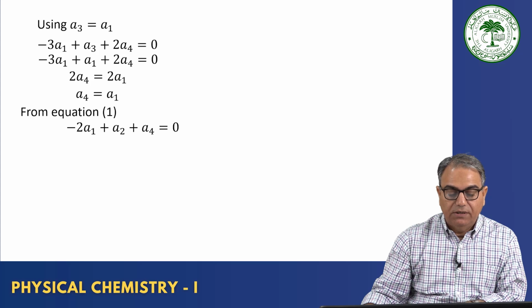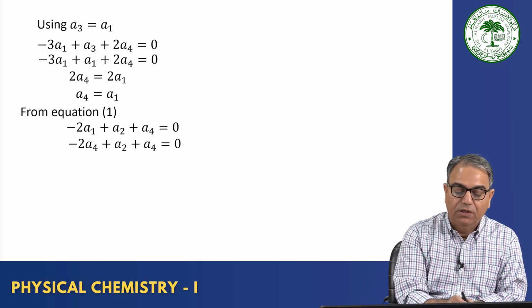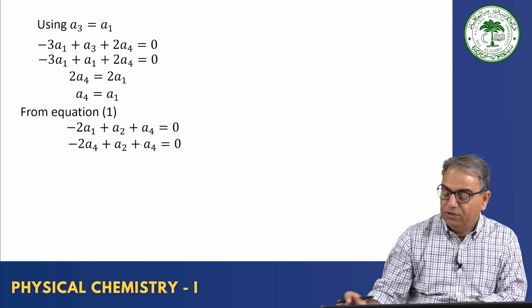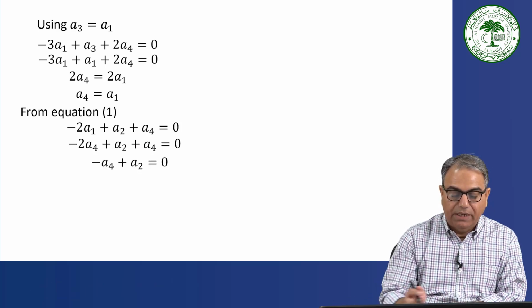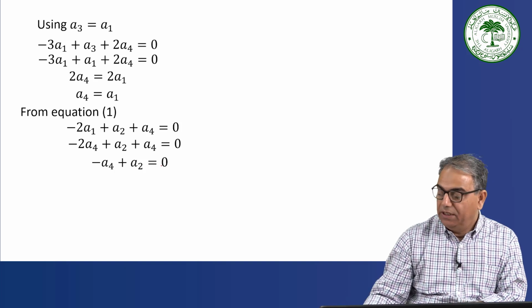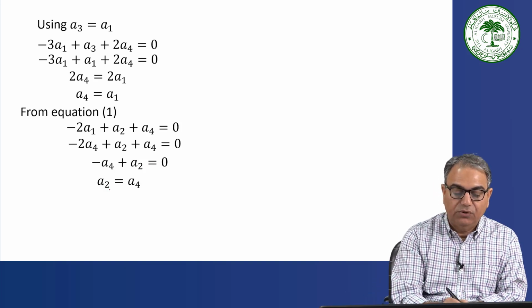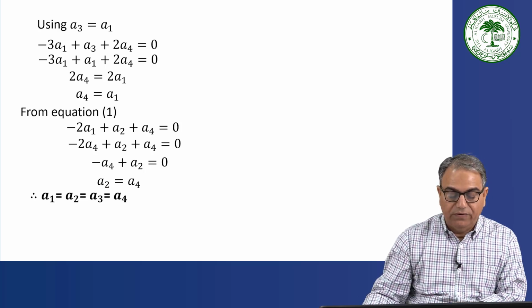From equation 1, again you can write minus 2a1 plus a2 plus a4, so it is minus 2a4, because a1 and a4 are the same, so minus 2a4 plus a2 plus a4 is equal to 0. So what do you get? You get minus a4 plus a2 is equal to 0, and a2 is equal to a4. Now you see, all a1, a2, a3 are equivalent.